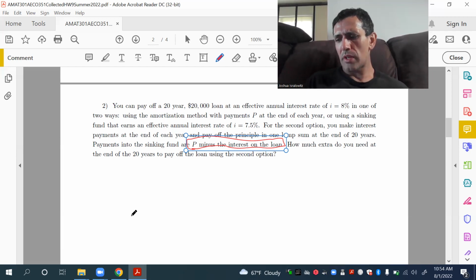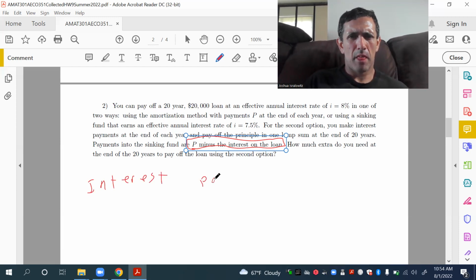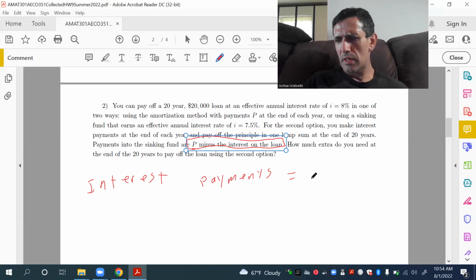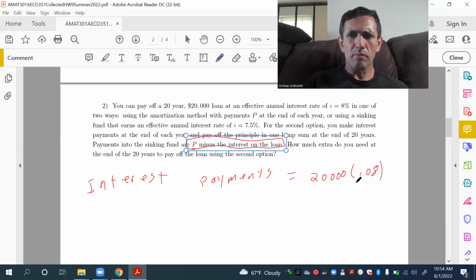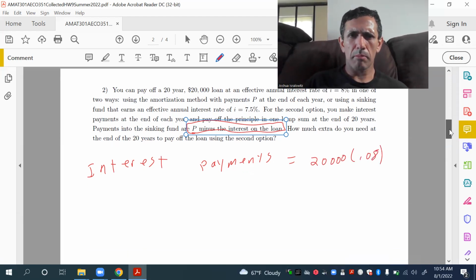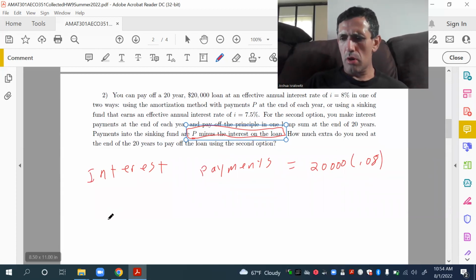All right, so first things first, let's figure out the interest payments. The interest payments at the end of each year: 8% of 20,000 is 1,600. Now let's figure out what the payments P for the first method are.